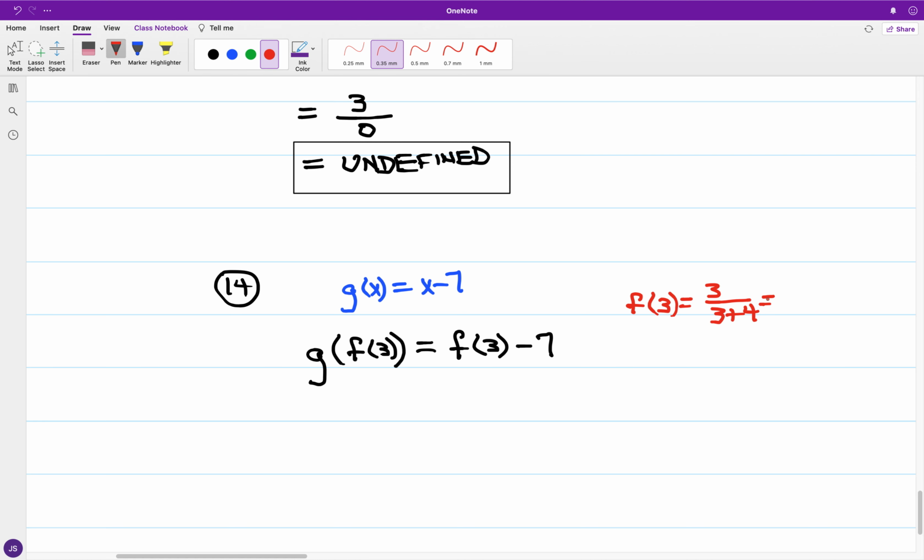Okay, so f of 3 is equal to 3 over 3 plus 4, so this will come out to 3/7.